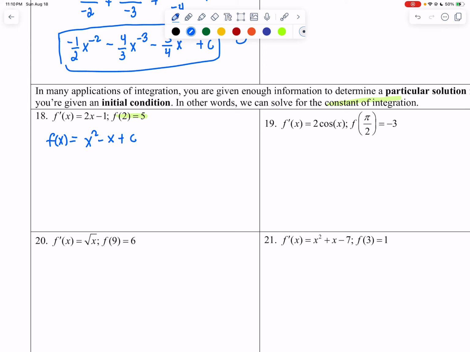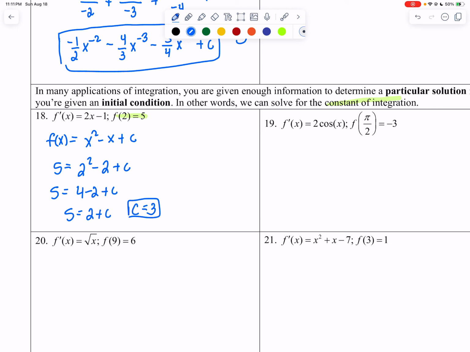And what we're going to do is plug in our value of f of 2 is equal to 5. So I have 5 is equal to 2 squared minus 2 plus c. And what we're going to do is just solve for c. 5 is equal to 4 minus 2 plus c. 5 is equal to 2 plus c. C is equal to 3.